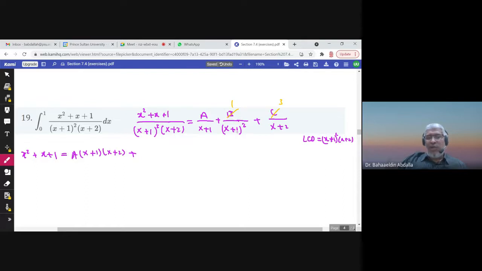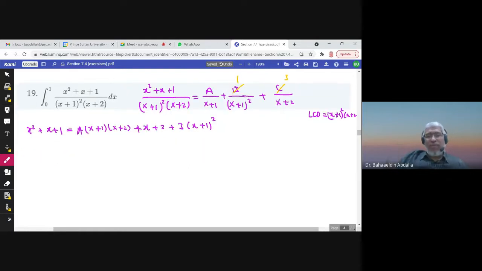And when I multiply this by the LCD, x plus 1 squared cancels, and I'll have x plus 2. There is no need for parentheses, so just write it x plus 2. Plus c, which is 3. And there is x plus 2 here, so I'll have x plus 1 to the power 2 in the numerator.